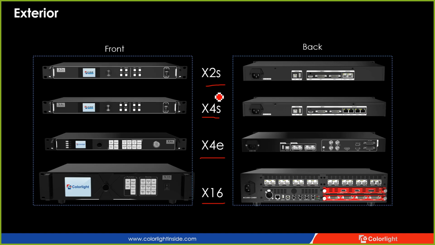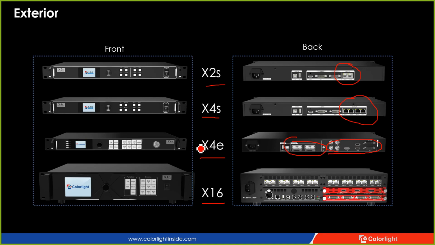As you will see from here, X2S got 2 output ports, and X4S got 4 output ports. And you can also get the information from the name. X2S got 2 and X4S got 4 output ports. X4E got 4 output ports too. Well, you got more options on the video signal input.